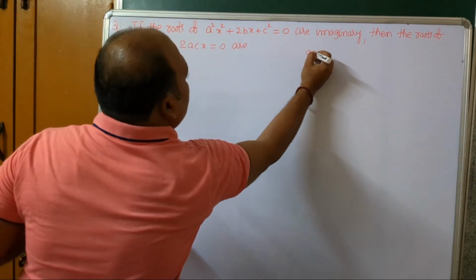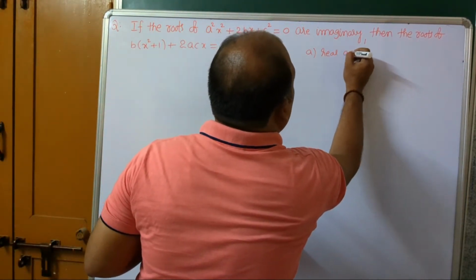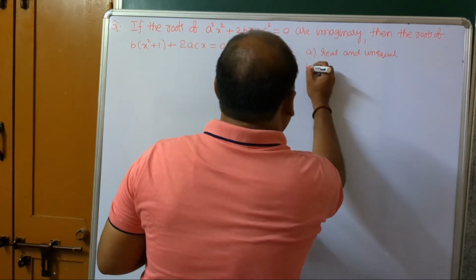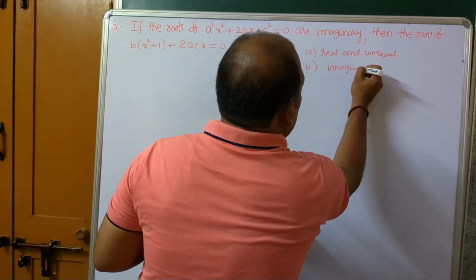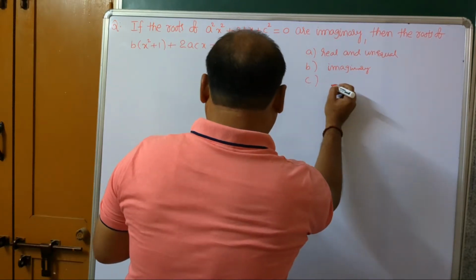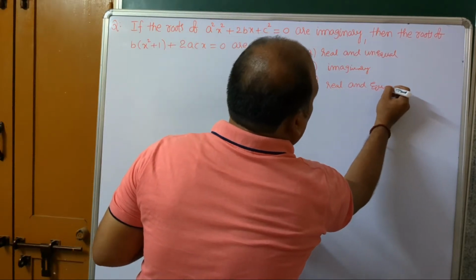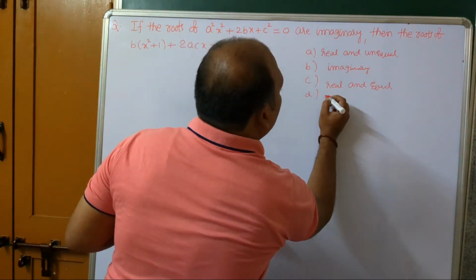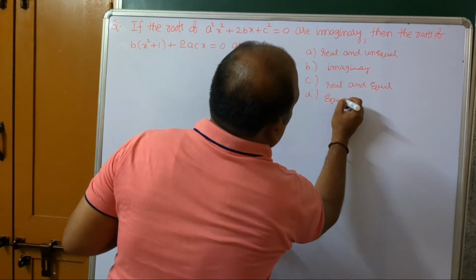Options: first option, real and unequal. Second option, imaginary. Third option, real and equal. Fourth option, equal.